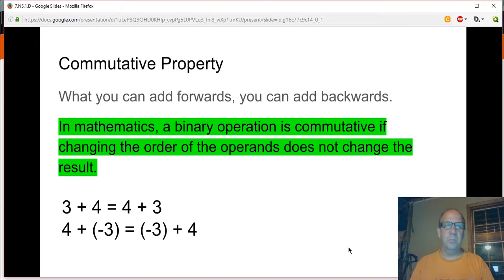So it's fun to look at and play with things, turning them around backwards and forwards. Just know that you can do it with addition and multiplication, but you can't do it with subtraction or division unless you switch things around like this.